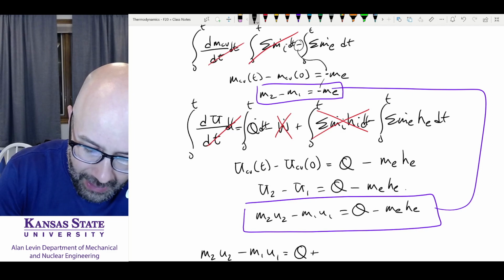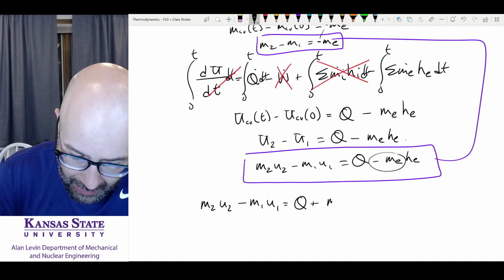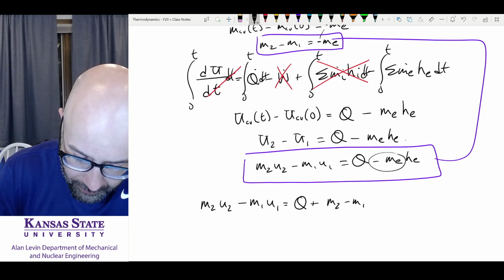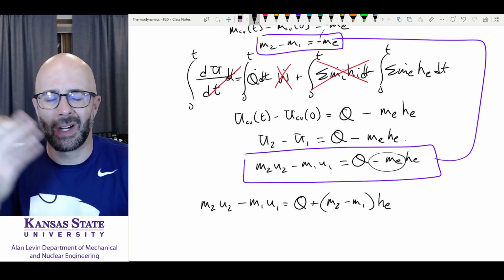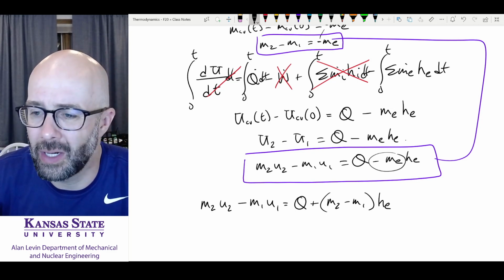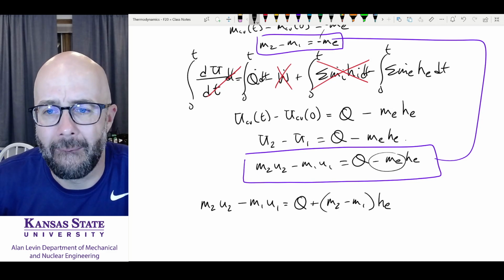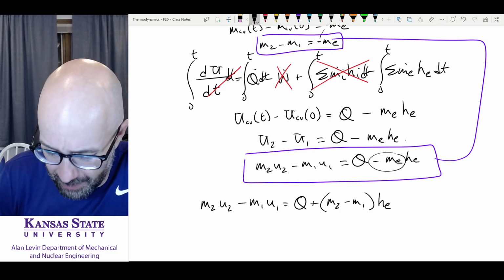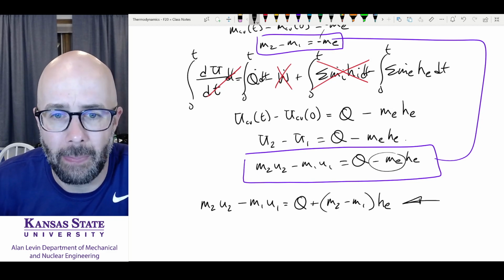So I'm going to replace minus mass exiting with m2 minus m1, which is going to give me a plus, m2 minus m1 times enthalpy exiting. See if you caught me on that. This is where, again, I wish I had you there to yell at me during class: hey, you forgot the negative. Okay, so this is going to be the equation I'm going to work with.